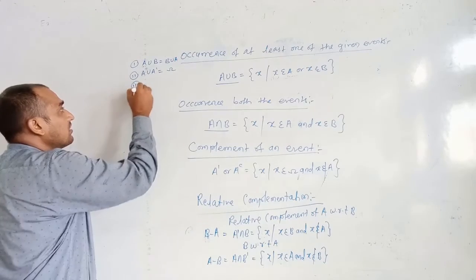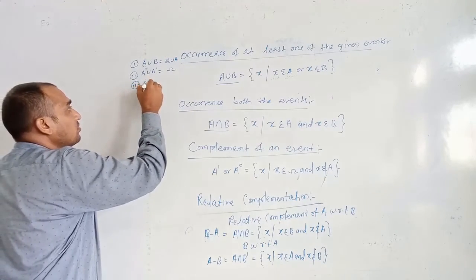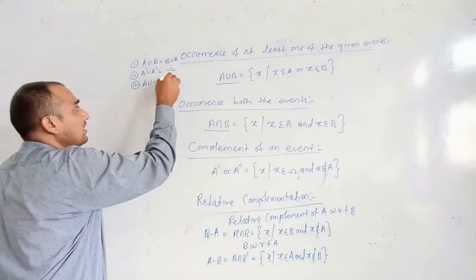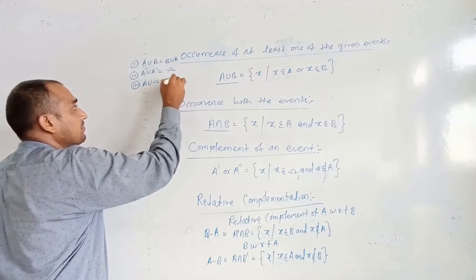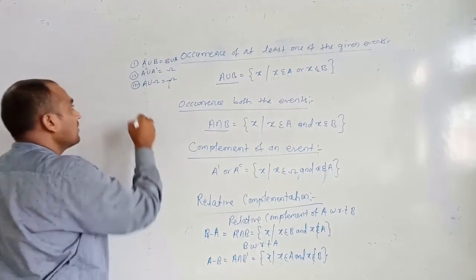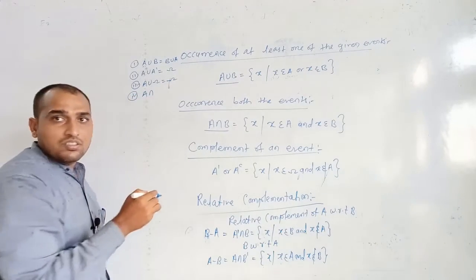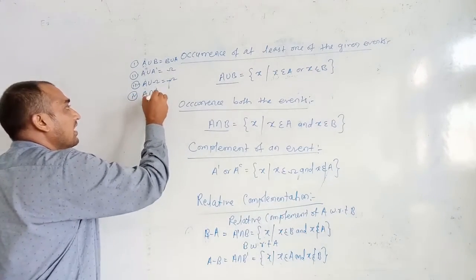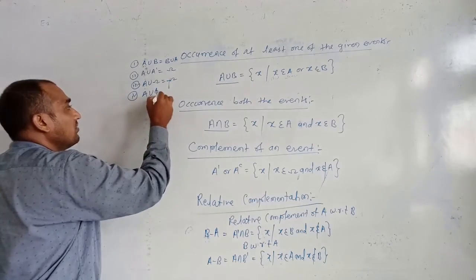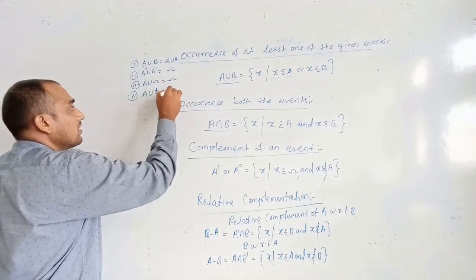Third is, A union with omega is always omega. Then last is, A union with phi is always A.